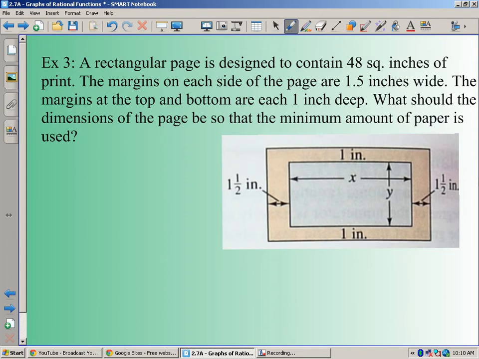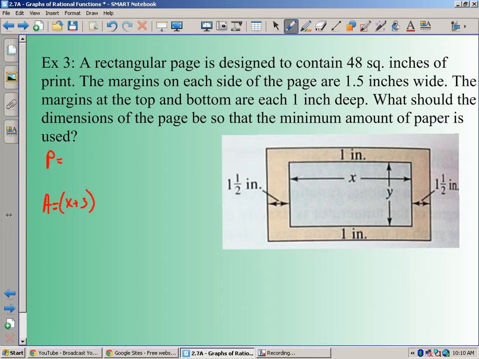We have a perimeter equation, which would be the paper that's going to be used, and then we have an area equation which we will maximize or minimize in this case. So the area equation that we're going to use is, my x value is x plus the 1.5 on each side for the total, so it's going to be x plus 3, times the y value, which would be y plus 2.